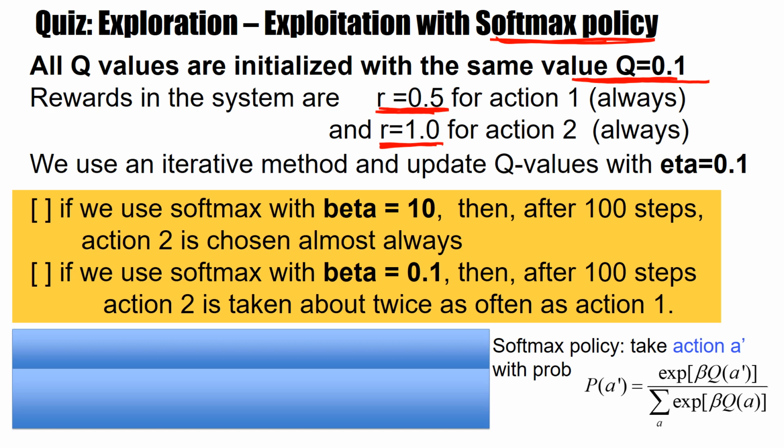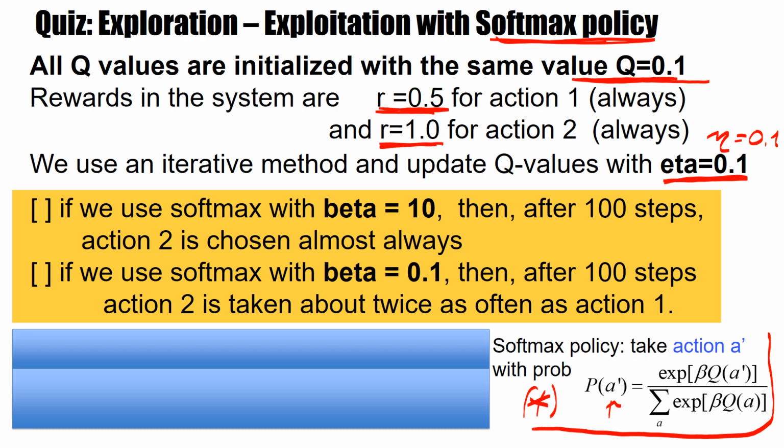And then we update iteratively with our delta Q update rule that contains a parameter eta, and this parameter eta is 0.1. Now we use Softmax. As a reminder, Softmax is this formula down here that I note with a star, and it prefers an action A prime, which has a larger Q value, and beta is a parameter.